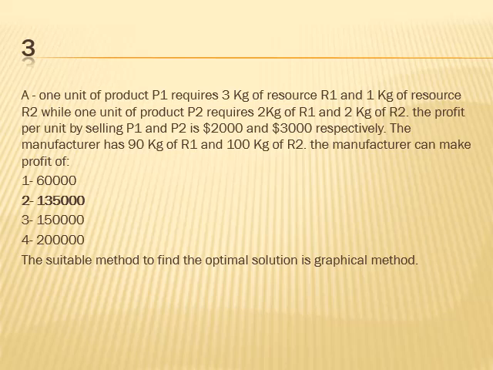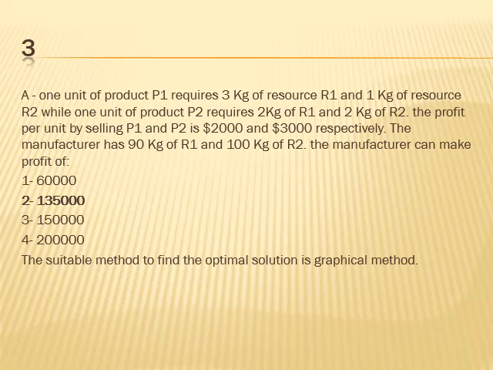One unit of product B1 requires 3 kg of resource R1 and 1 kg of resource R2, while 1 unit of product B2 requires 2 kg of R1 and 2 kg of R2.